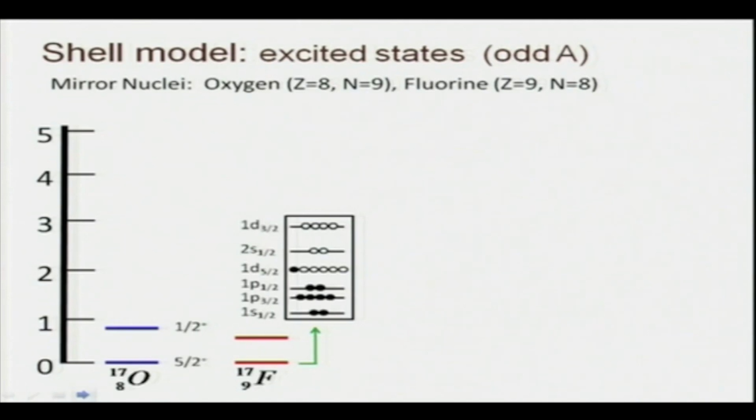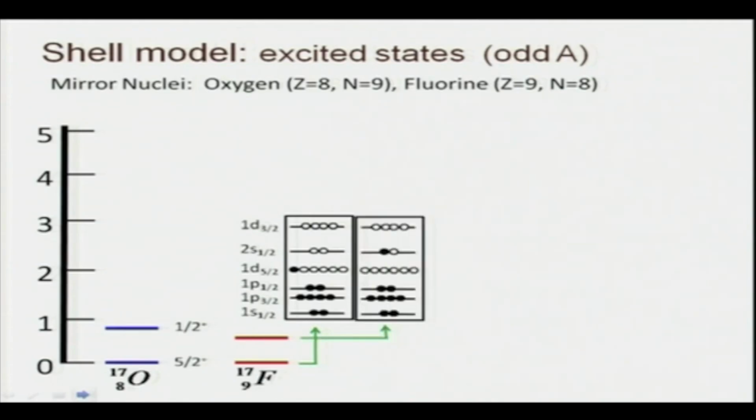Indeed, we see that the first excited state is I P equal to 1/2 plus. Same is the case with fluorine. There is a slight difference in the actual magnitude of the excitation energy because of other factors.